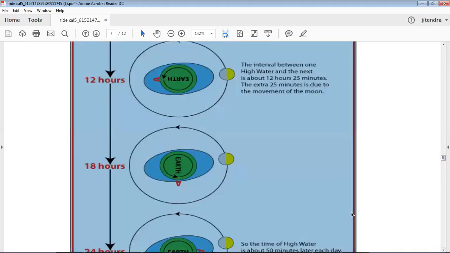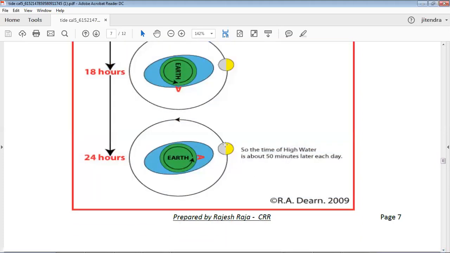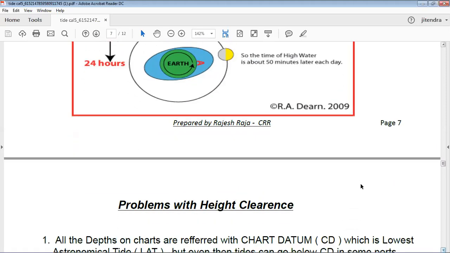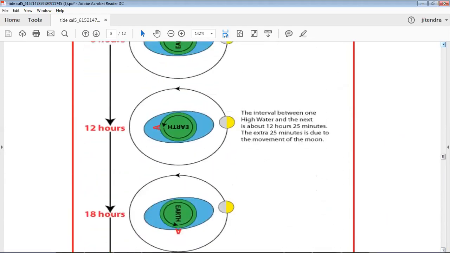But now the moon has moved from here to here, and that much time the earth will need to move till here to get high water, which will be around 50 minutes. So instead of 0000 again, where it was high tide, we will have high tide at 0050. This is the 50 minutes lag of the moon.